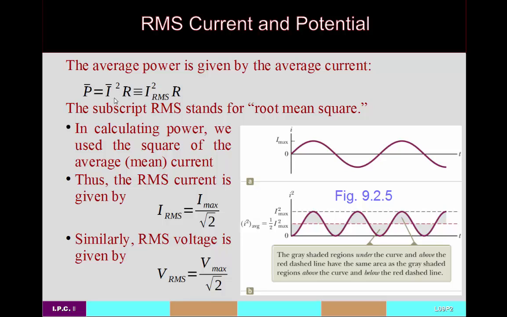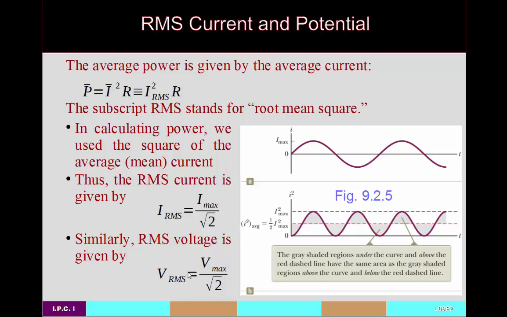We define the square root of this average of the current squared to be called the root mean squared current. Therefore, if you want to calculate the power, you can use the root mean squared current, and that is the maximum current divided by the square root of 2.